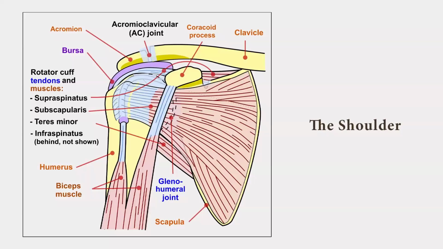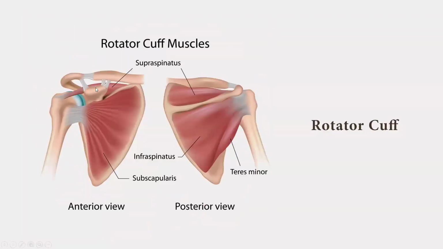So let's get in by talking a little bit about the anatomy of the shoulder. Imagine you've got a ball, like a tennis ball, and that's the top part of your arm. Then that ball sits into a socket, and that socket is made up of your shoulder blade.